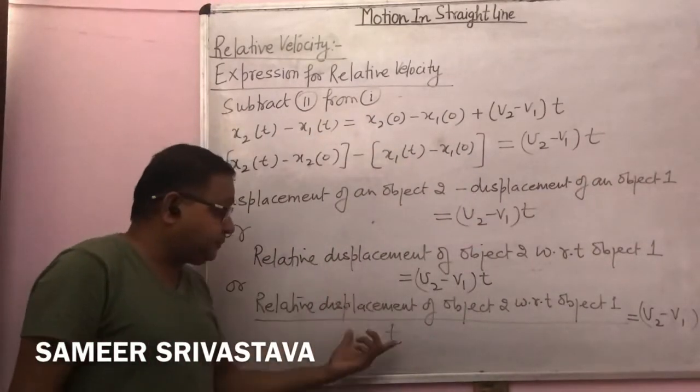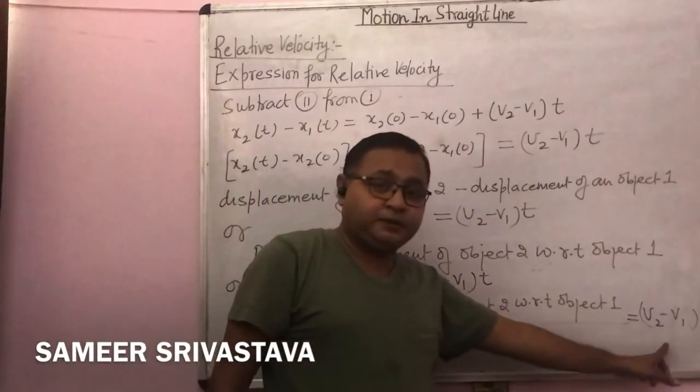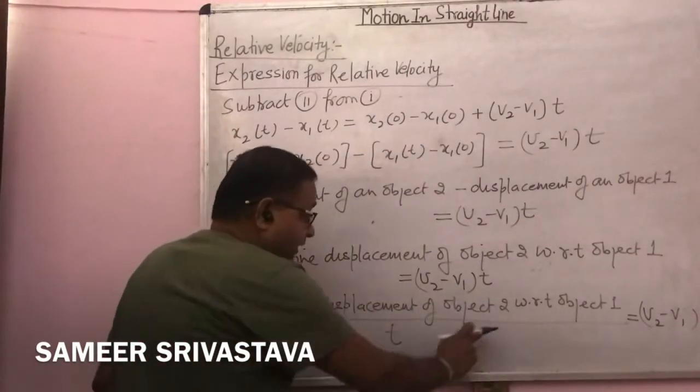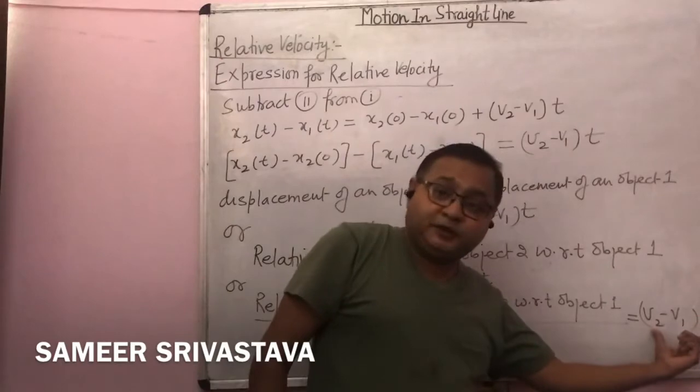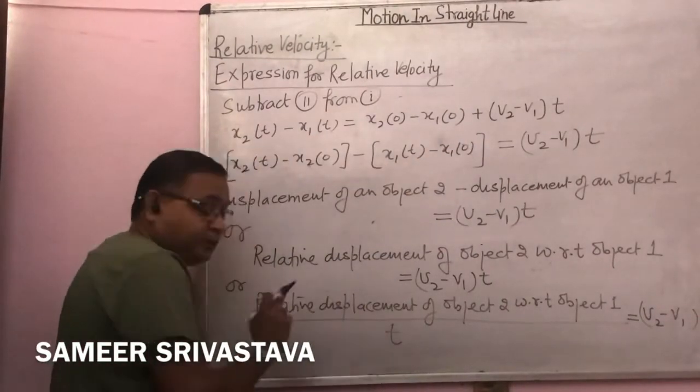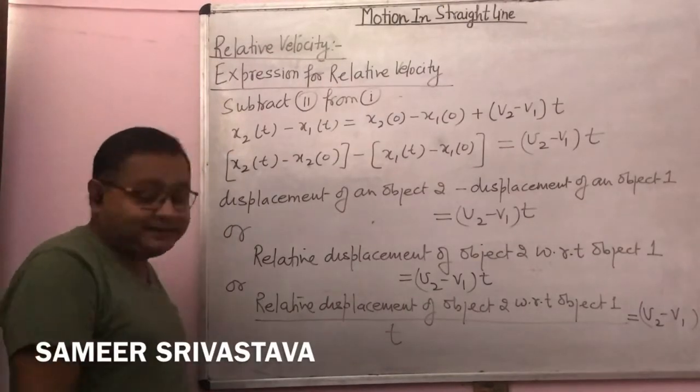Displacement upon time is always equal to velocity, and this term is called relative velocity, because relative displacement upon time is called relative velocity.